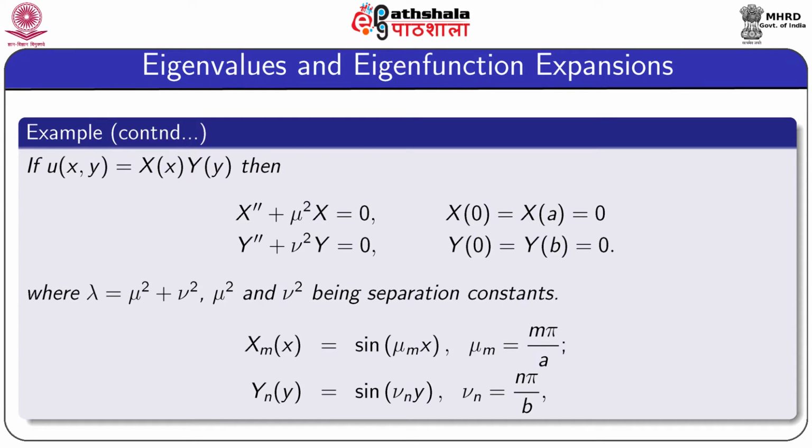The solution of the X equation can be obtained easily. It is X_m equals sine mu_m x, where mu_m equals m pi by a, and the solution for Y can be written as Y_n equals sine nu_n y, where nu_n equals n pi by b, where m and n are integers.